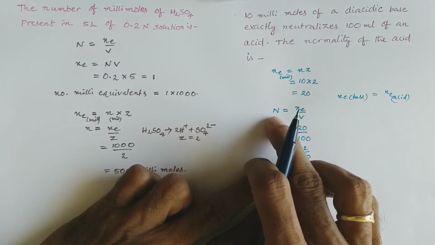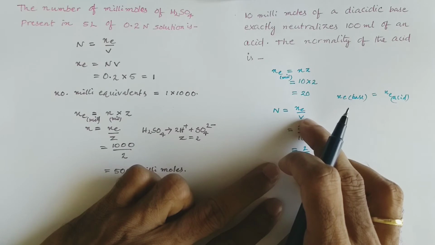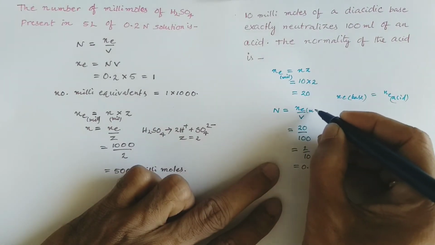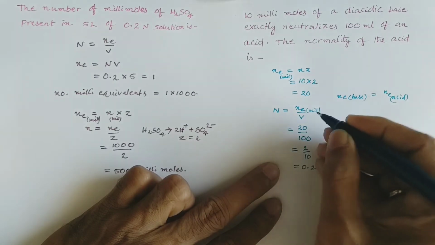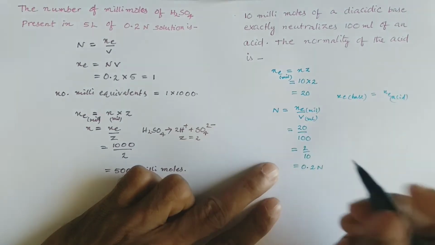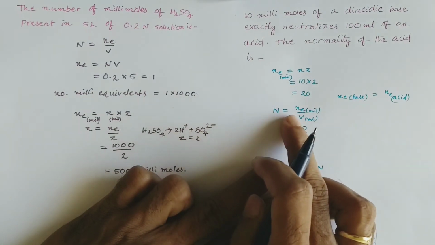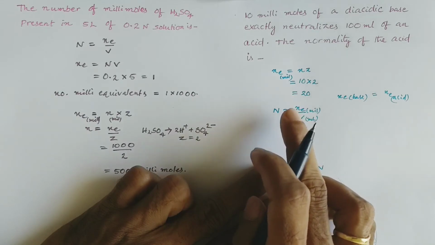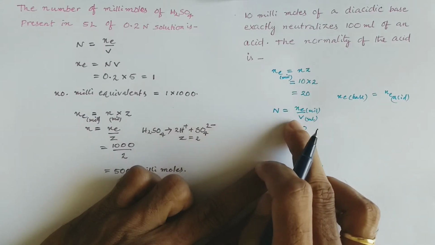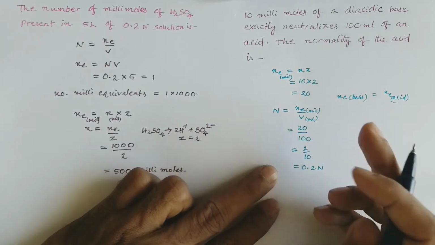Normality is equal to what? Number of equivalents by volume of the solution in liters, or number of milliequivalents divided by volume of the solution in milliliters, right?